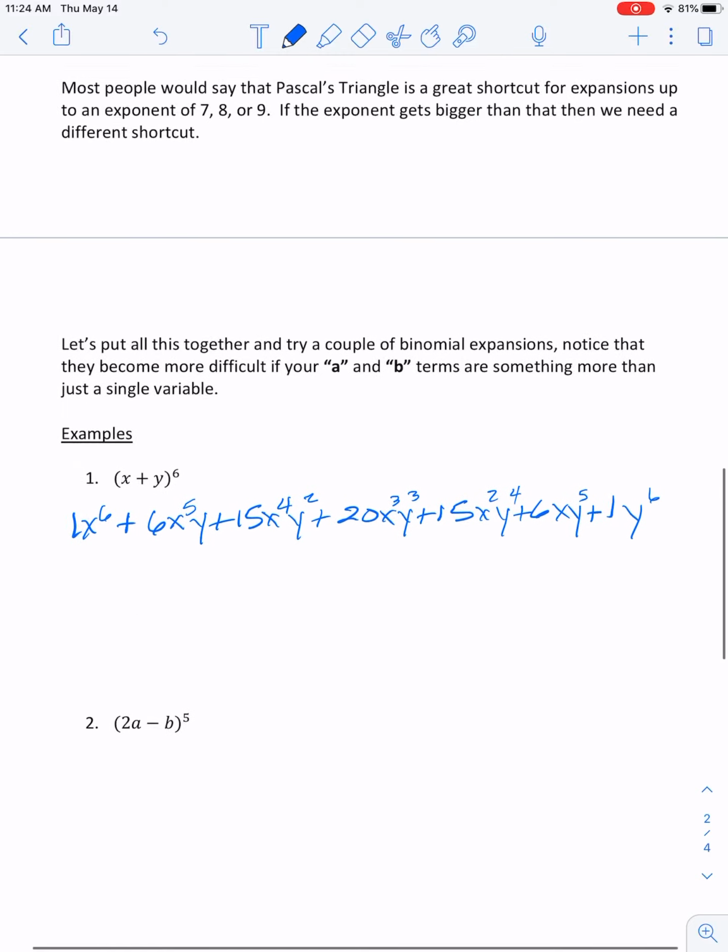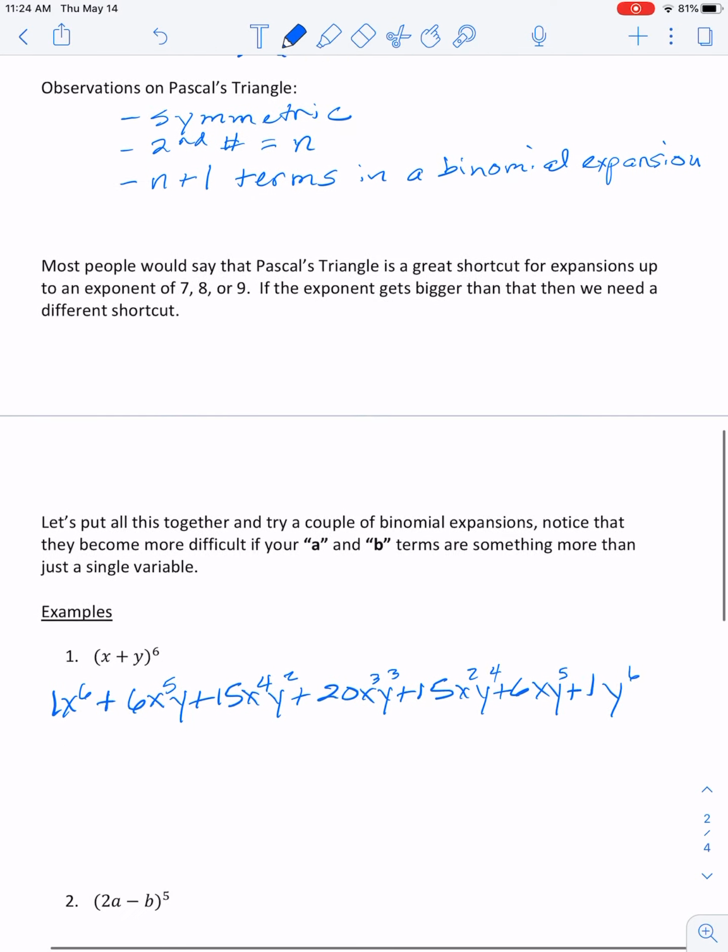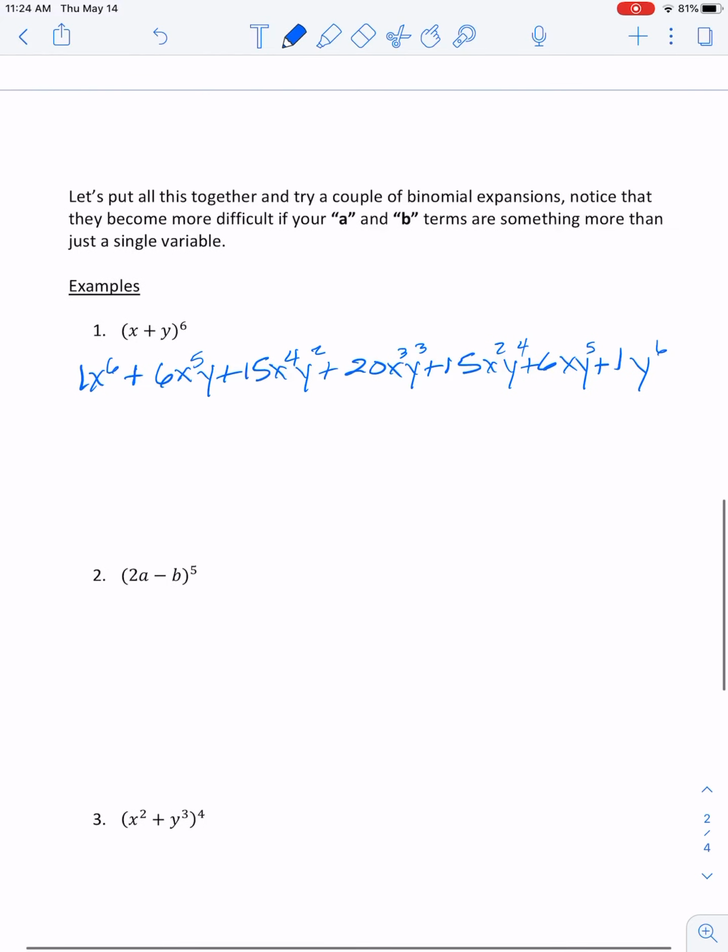So again, let's look back up here, and I can see I've got a Pascal's triangle row that says 1, 5, 10, 10, 5, and 1. So there's your coefficients from Pascal's triangle.